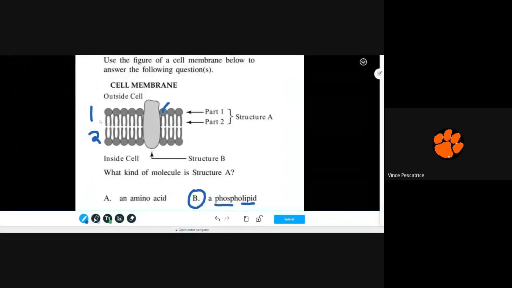So you have a phospholipid layer. They're made of phospholipids. Structure B is a protein gate. So it's how proteins and things fly in and out of the cell. We're going to talk about that today.